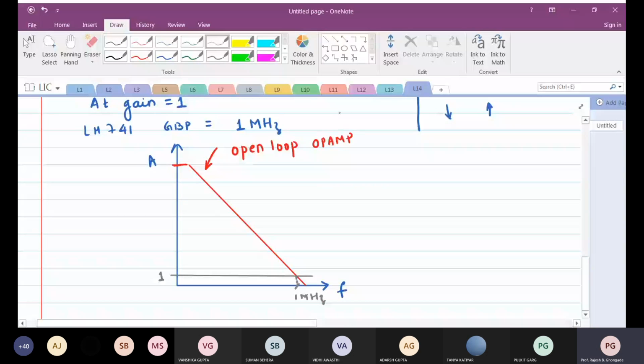And as you can see, if the gain is less, for example, if the gain is somewhere here, the bandwidth will be much better. So if I increase the gain, the bandwidth reduces. If I decrease the gain, the bandwidth increases, which conforms to our concept that gain into bandwidth is equal to 1. Have you understood this?